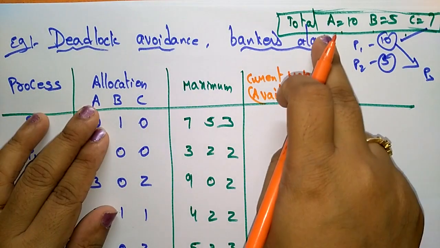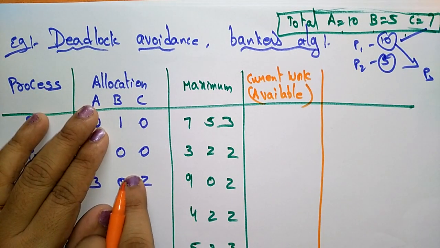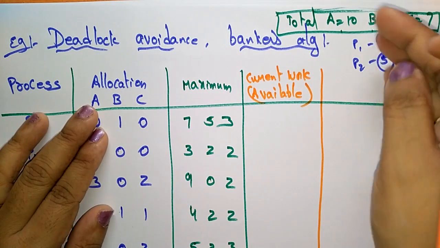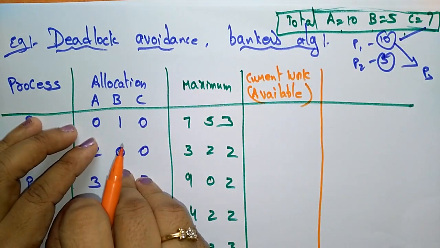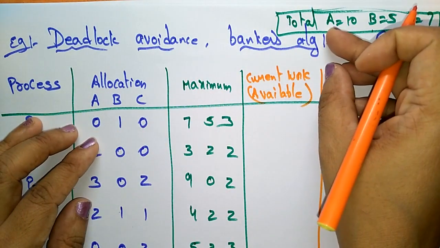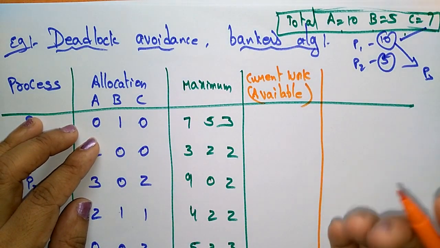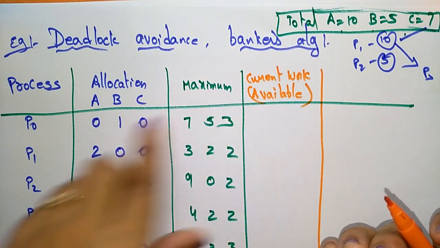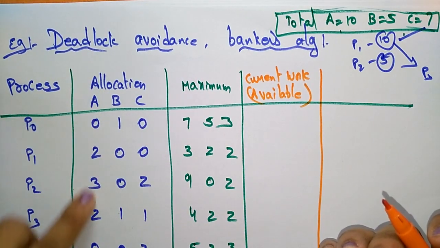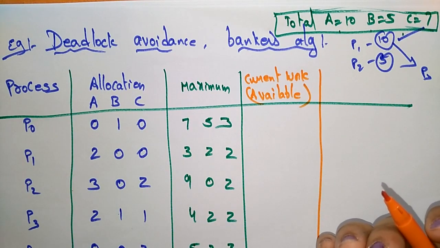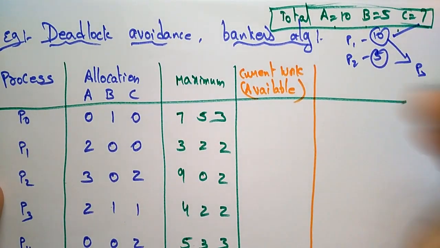If you know the total and the allocation, and you subtract the present allocation from the total, you will get the current work available, the work still available. So we subtract the total allocation from each resource.